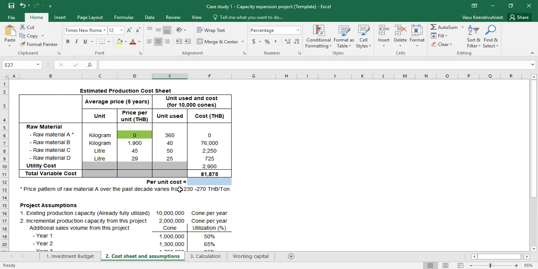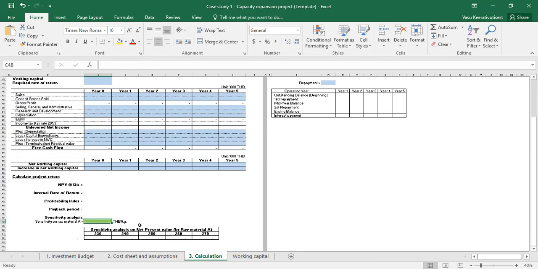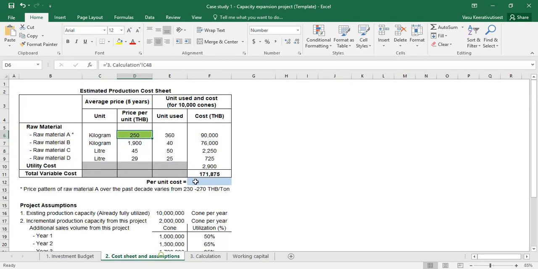If you read the case, you will see that raw material A is the one that the management needs to conduct the sensitivity analysis on. So you see the screen sale, and here we input 250.